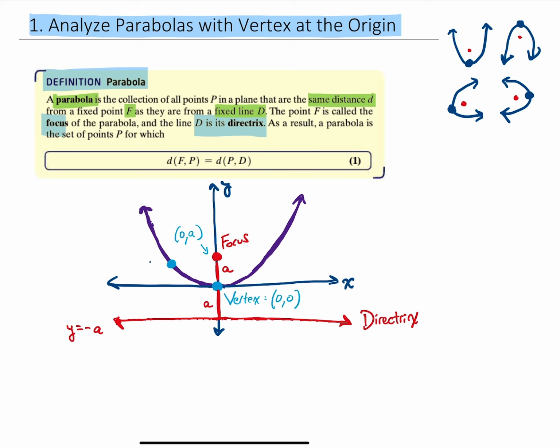Call that P. So what this definition is saying from this perspective is that the distance from this point to our focus point should be the same distance from this point going straight down to the directrix. And it's probably a little bit skewed due to my scaling on the drawing, but these two distances should be the same.